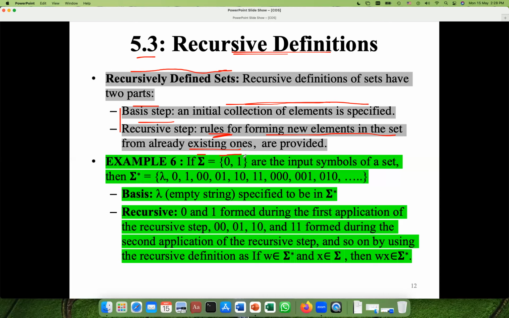Normally in the subject of theory of automata, we use this symbol sigma. And we use the symbol sigma star if we have strings generated from this set, then we can represent those strings in the form of a set like that, sigma star. So sigma star represents the strings which are generated by using zeros and ones.